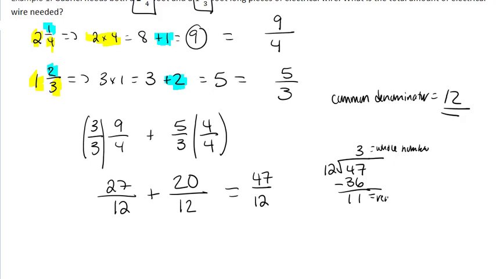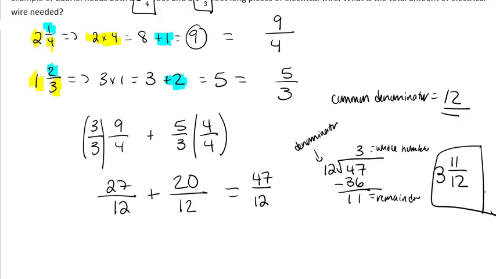This is our remainder. And this is our denominator. So it becomes 3 11/12. And this would be our final solution. So let's go look at another example.